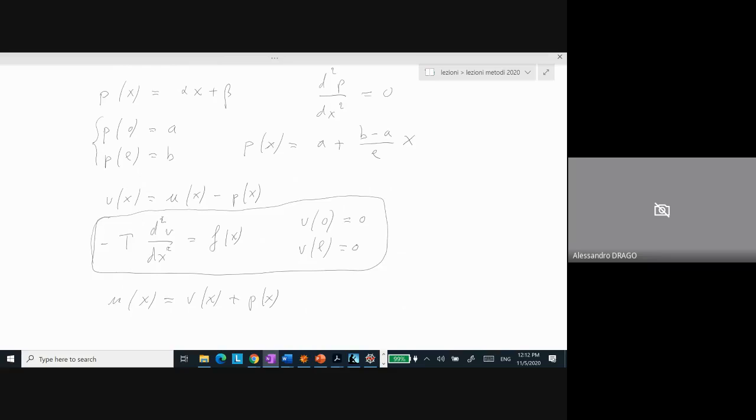And to try to solve it, again, we can try to write everything by using a base, let's say, a base containing, in principle, an infinite number of elements. But of course, we cannot deal with that. We cannot deal with a base with an infinite number of elements.